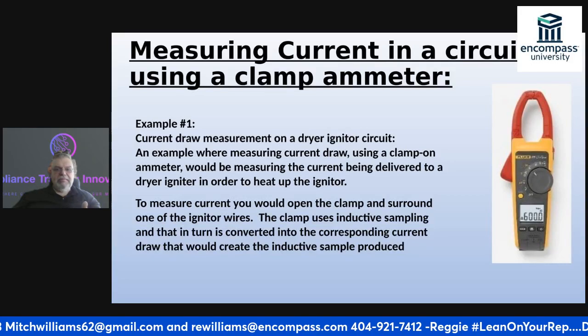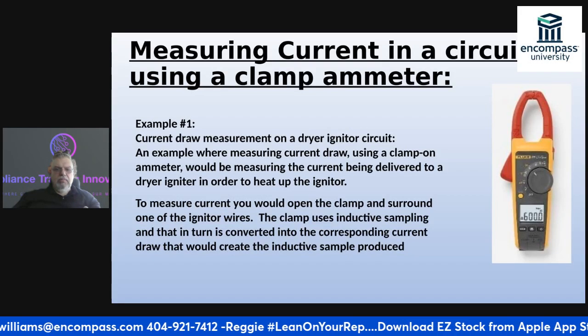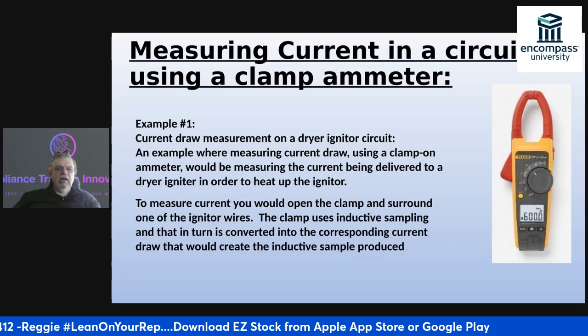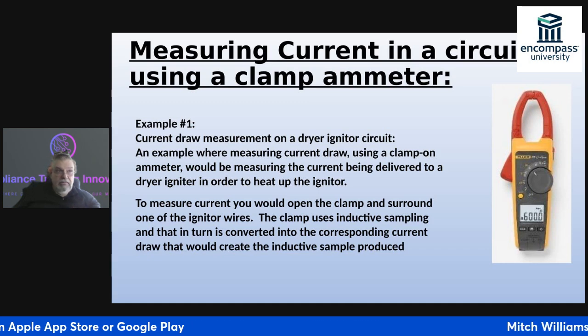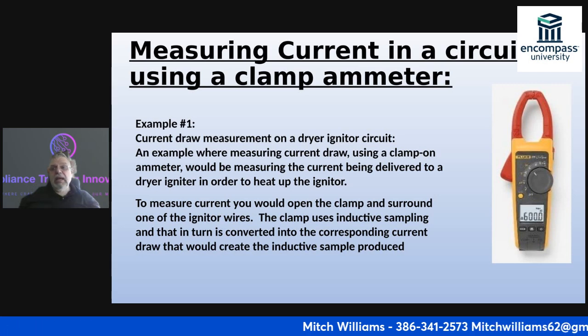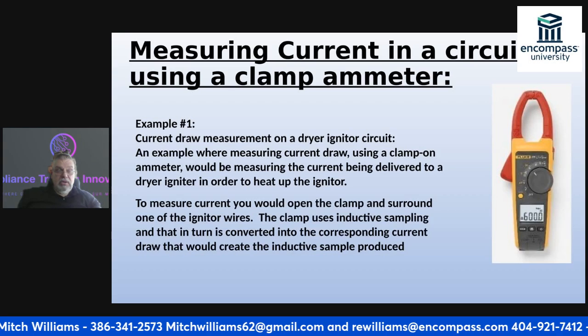An example would be using the clamp-on amp meter to measure the current that's being delivered to the dryer igniter, in order for the igniter to heat and activate the valve so that it opens and you get gas flow.